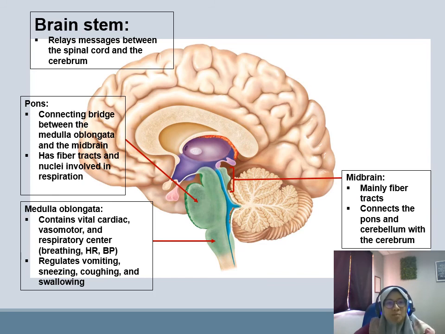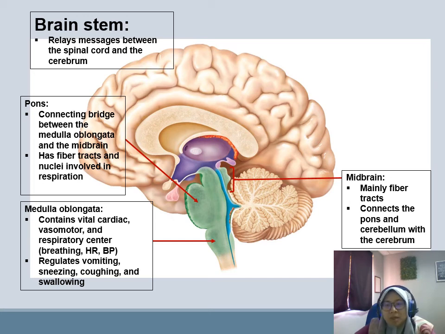Now we move to the brainstem. The function of the brainstem is to relay messages between the spinal cord and the cerebrum. It is the intermediary for messages between the spinal cord and cerebrum. So we look at the first part.